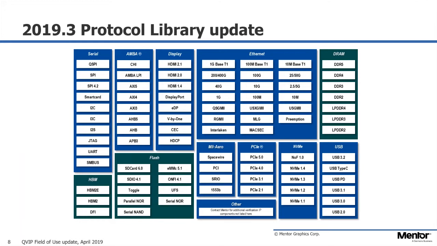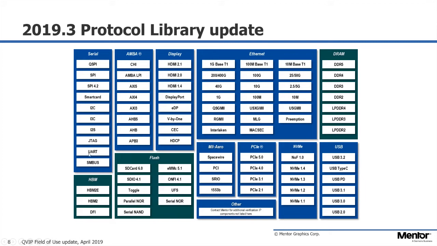So this, as of this summer, is what the protocol library currently looks like. We sell this as these families. If you buy the Ethernet VIP, it can take on all of these different types of Ethernet. If you buy the PCIe, you can go anywhere from PCI 2.1 up to the latest 5.0 standard.